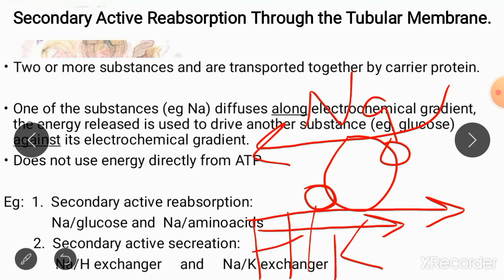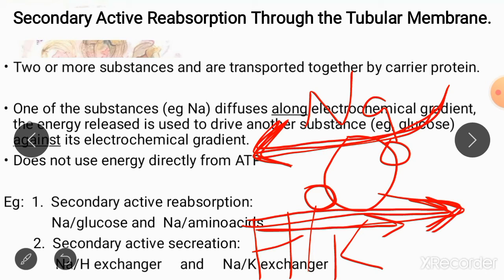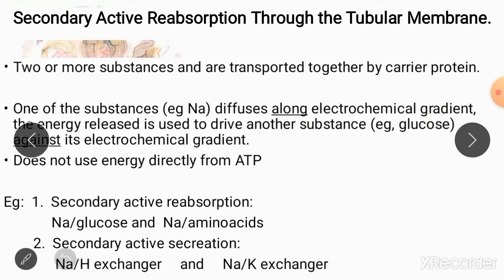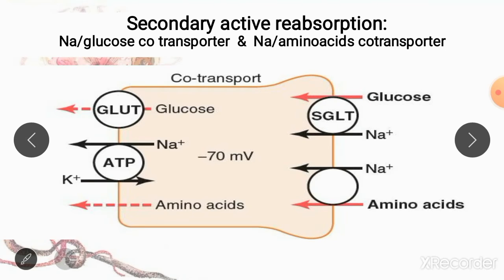So either sodium can move in and throw out a hydrogen ion, or sodium can move in and throw out a potassium ion, and these are known as sodium hydrogen and sodium potassium exchangers, and this is an example of antiport or counter transport.